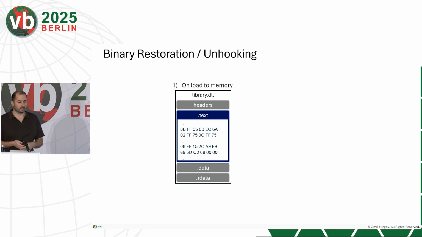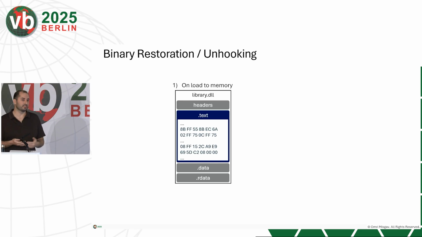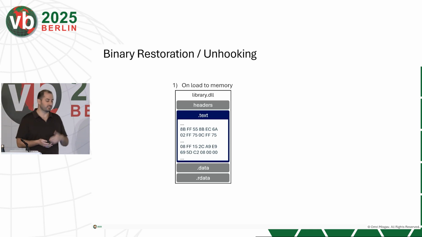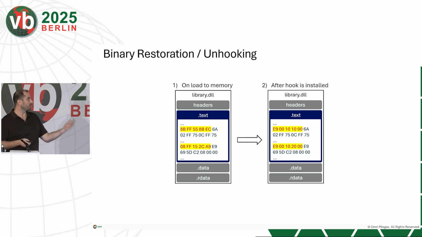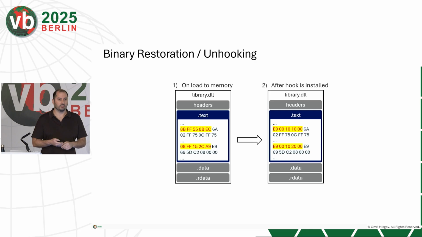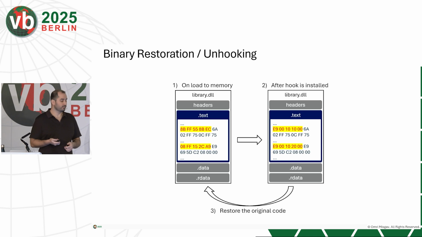The next class that we're going to cover is called binary restoration, or in a simpler name, unhooking. Just remove the hook. Once the library is loaded and the protection engine installs the hook on certain functions, we have to find a way to restore the original code.